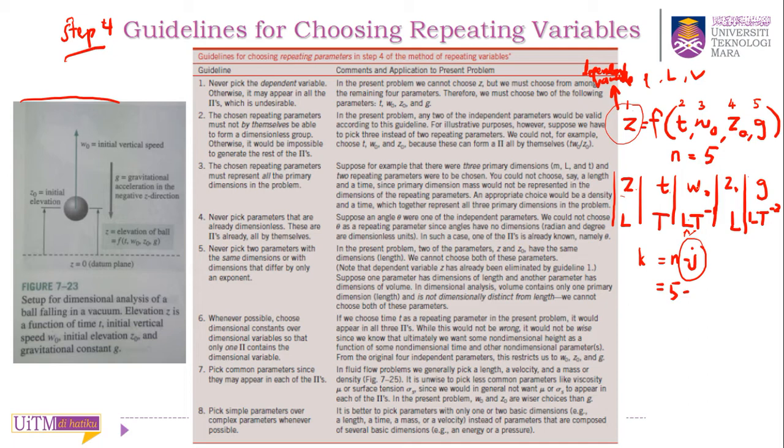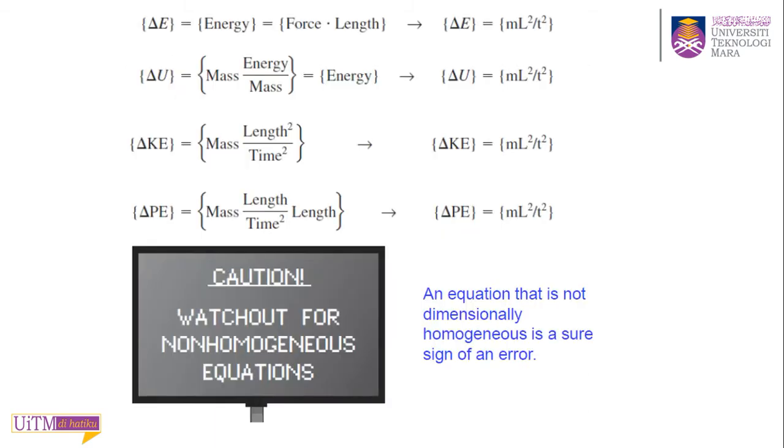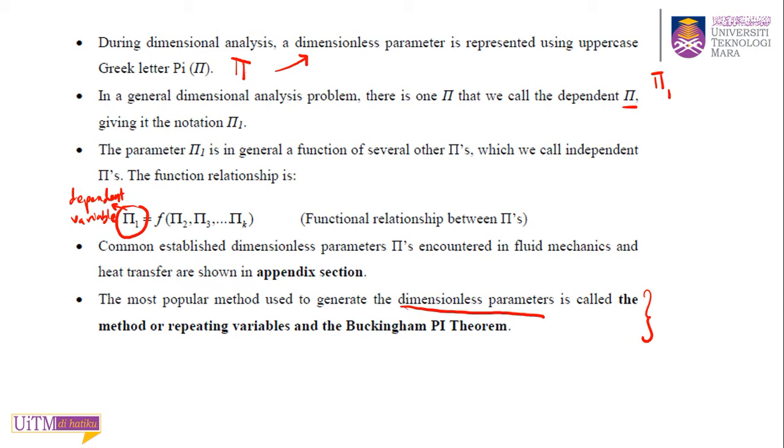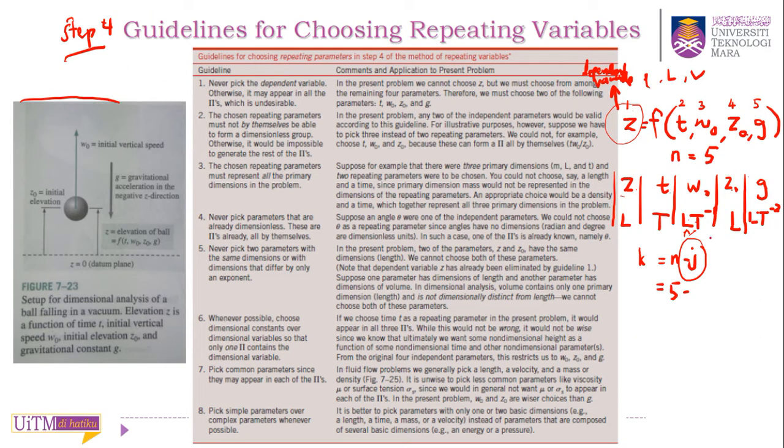There are 5 parameters with respective primary dimensions, and the number of primary dimensions that you use is only 2, L and T. There are 7 primary dimensions: M, L, T, theta, I, C and N. In this example, the parameters only use 2 of them, L and T. So your j number is 2. Can you understand this part?